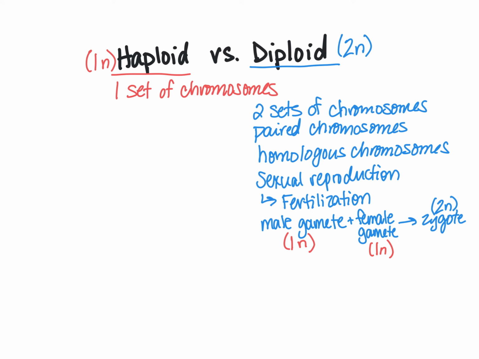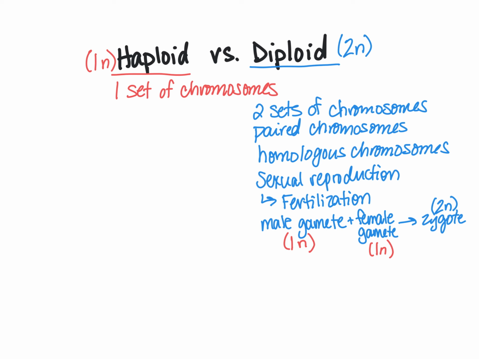Now, in organisms like fungi, we don't really have a mom and a dad or a male and a female, but we do have a set of chromosomes that comes from one organism, and then a genetically different set of chromosomes that comes from a second organism, and they fuse together to form this diploid zygote cell that then develops into a diploid form of the organism.